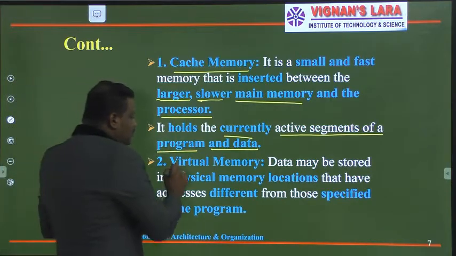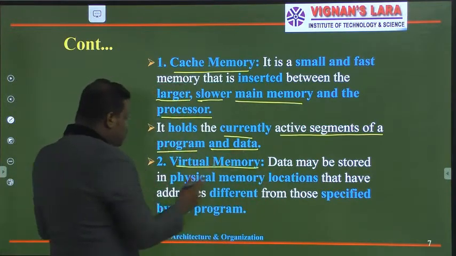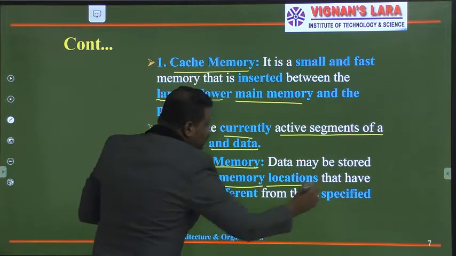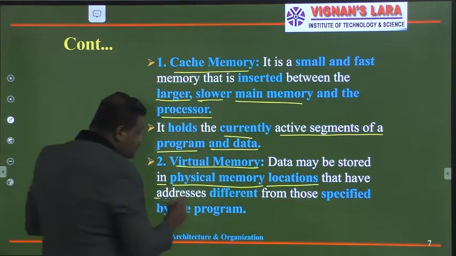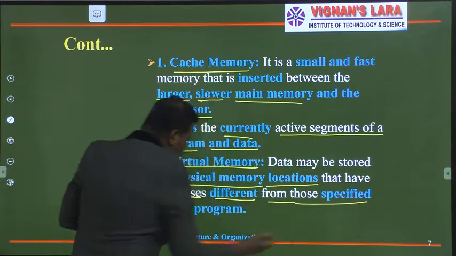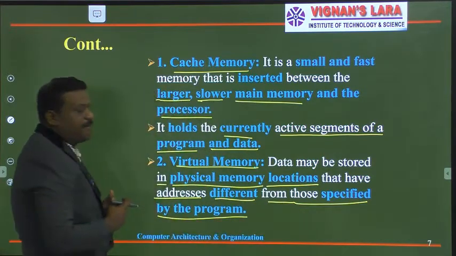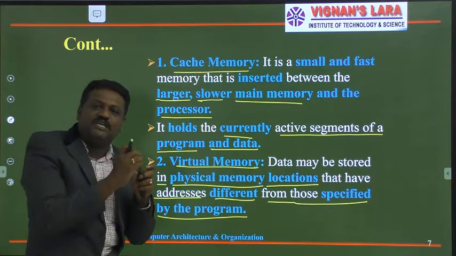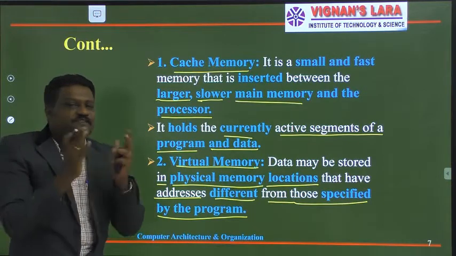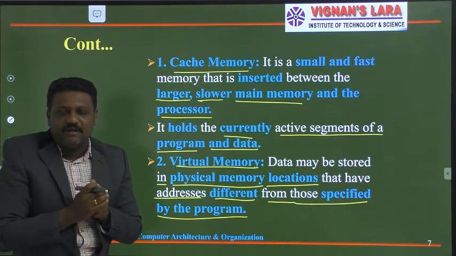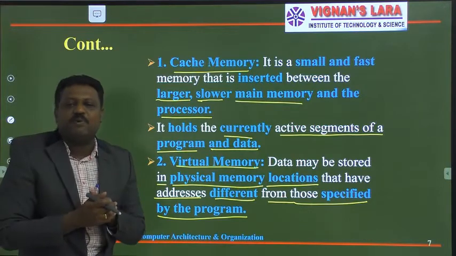And second, what is a virtual memory? Data may be stored in physical memory locations that have addresses different from those specified by the program. Once we store something into a particular location, its physical address is different from the address used in the program.